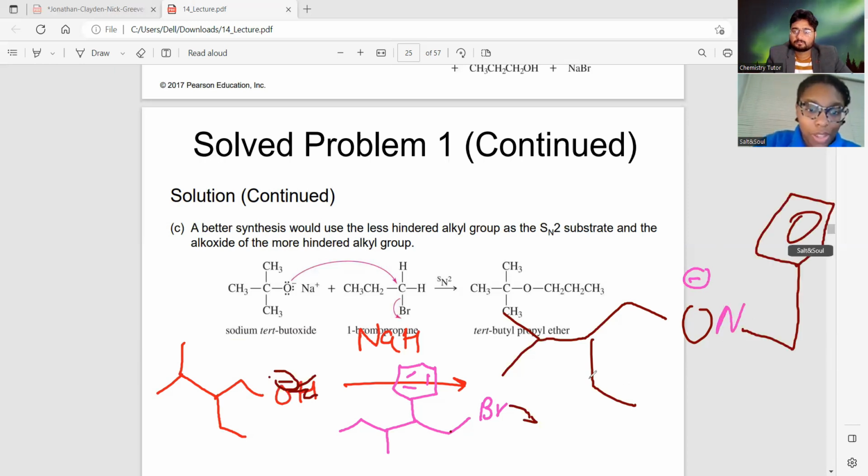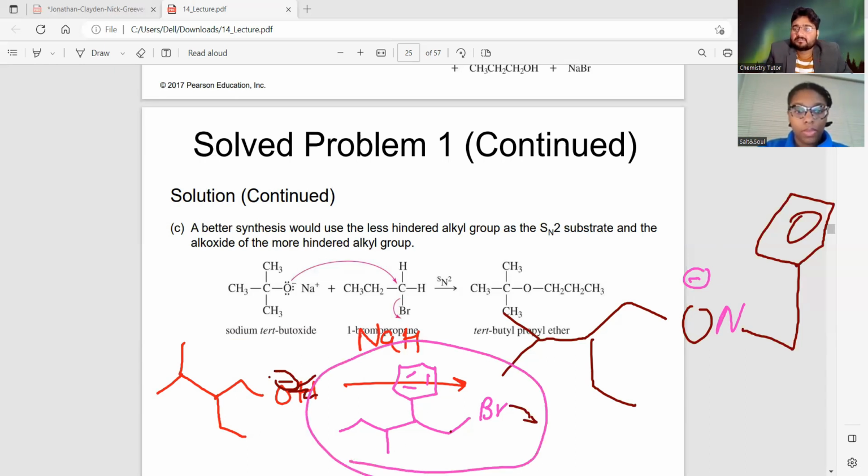Can this reaction take place? Which alkyl halide is this? Yes, this is primary. Is this primary alkyl halide hindered or unhindered?